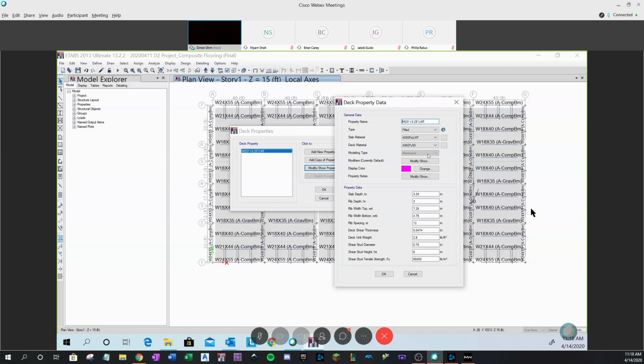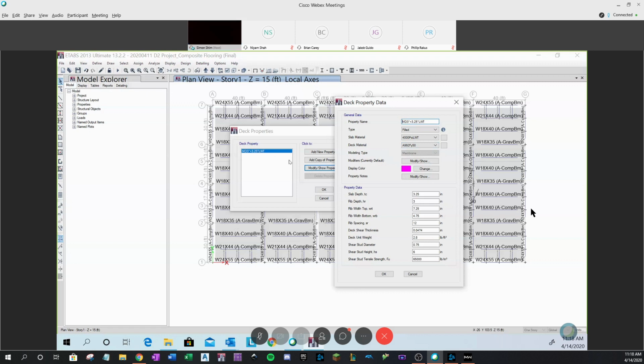Let me explain membrane versus shell. A membrane has only in-plane stiffness. It doesn't have an out-of-plane bending stiffness, like a normal two-way slab. We usually treat it as a diaphragm, but it doesn't contribute to the lateral bending stiffness.